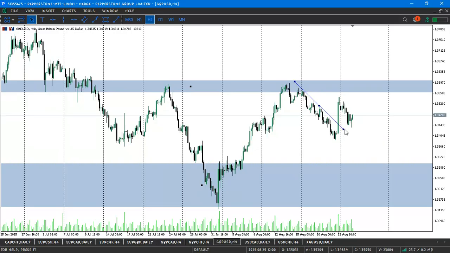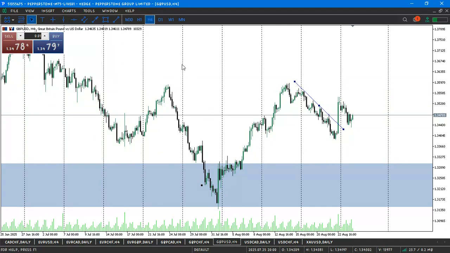We have taken it out, and currently we are reacting from this area of supply.